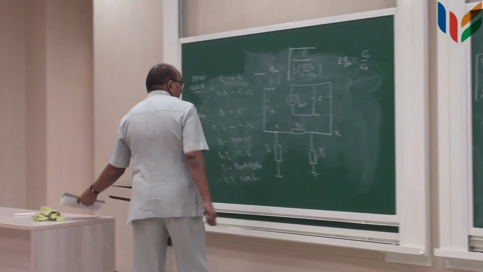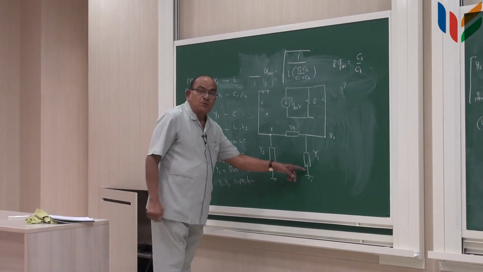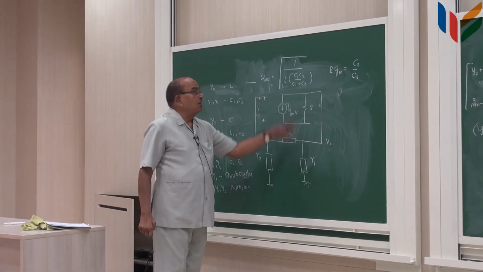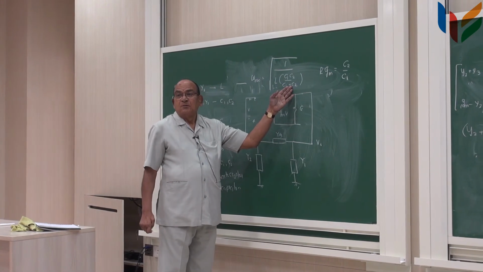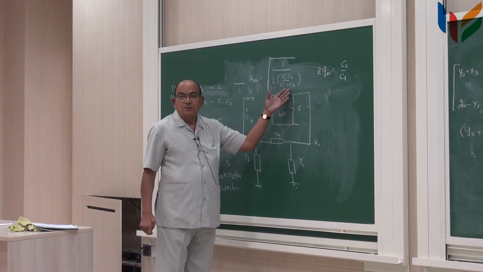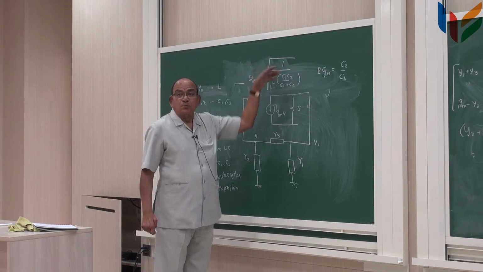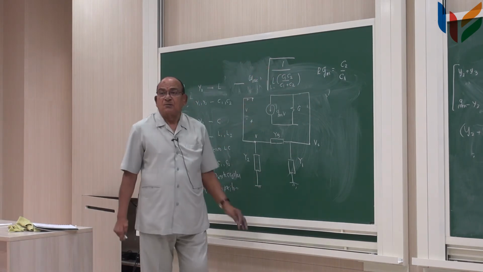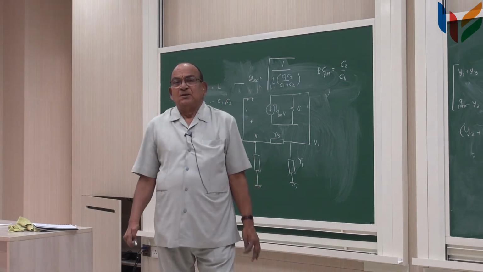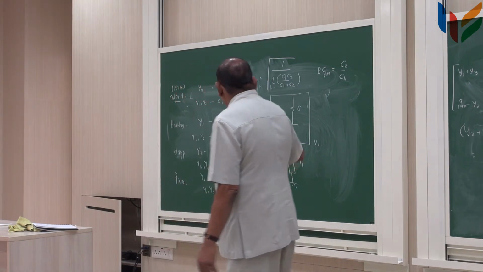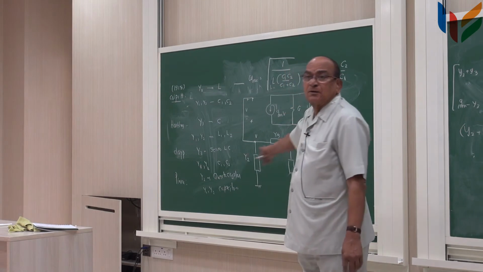If you make C1 equal to C2, then this simplifies to C by 2, right? So, it becomes the inverse of that, or square root of 2 by LC. So, that is the resonant frequency. This is the way you make your Colpitts oscillator.